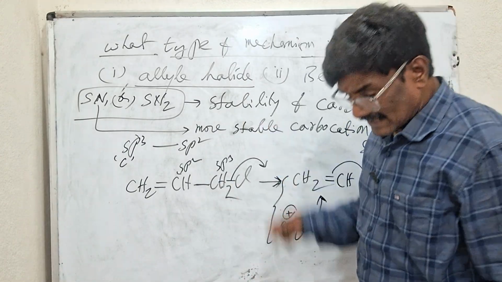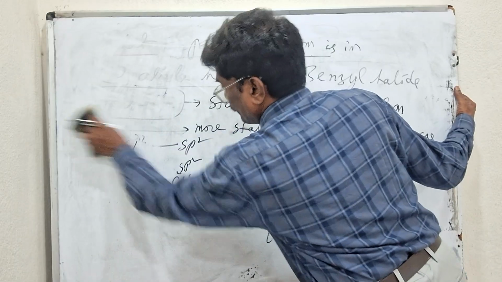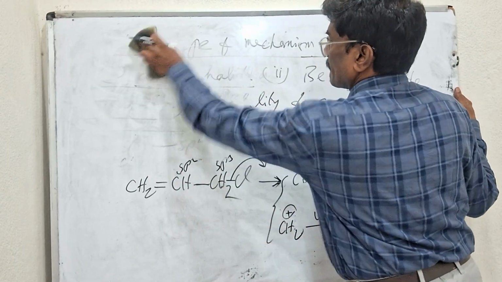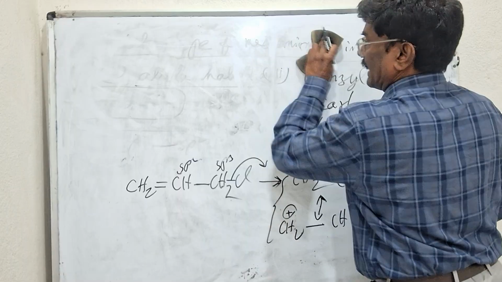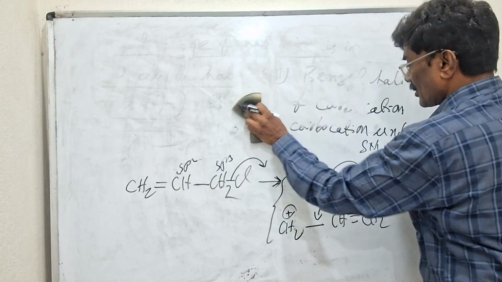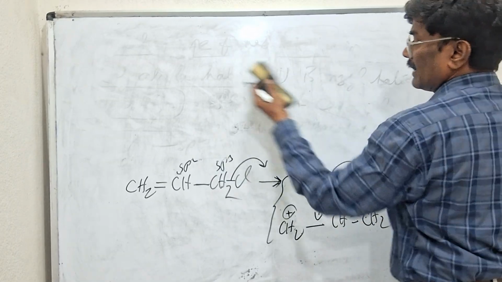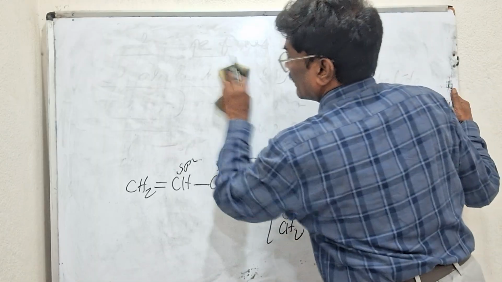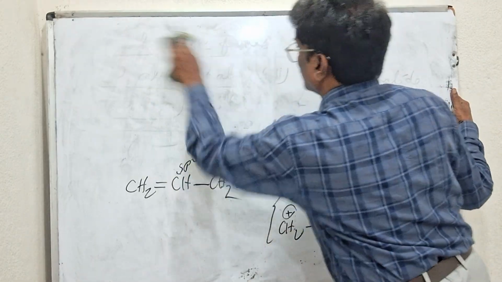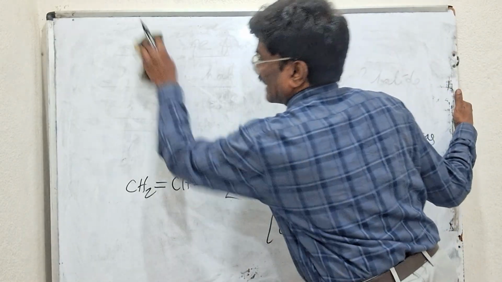Next, benzyl chloride. It is also stabilized by resonance structures. Let us see, in the case of benzyl chloride, how many resonance structures it will have and how it is suitable for the SN1 mechanism.